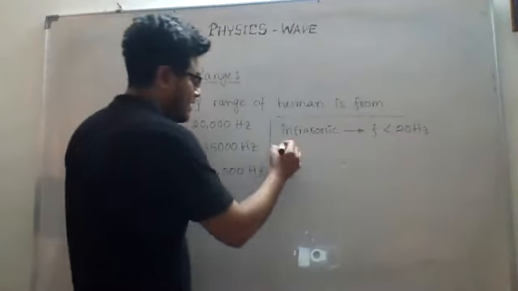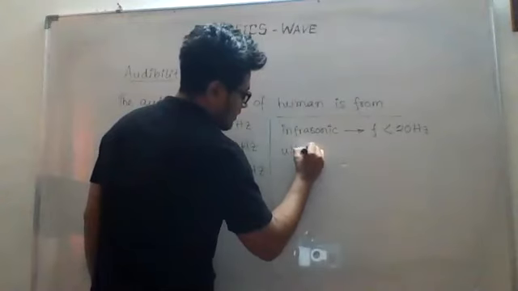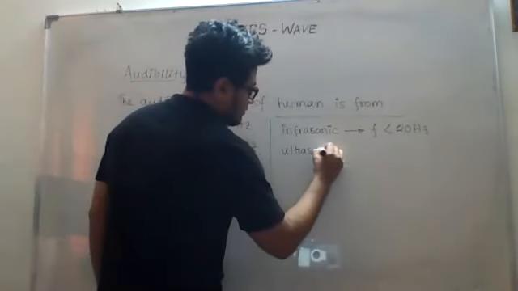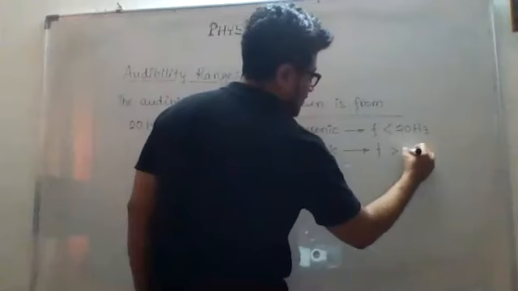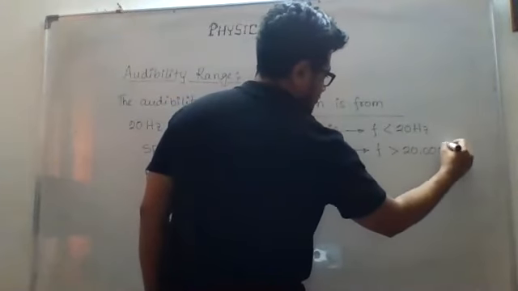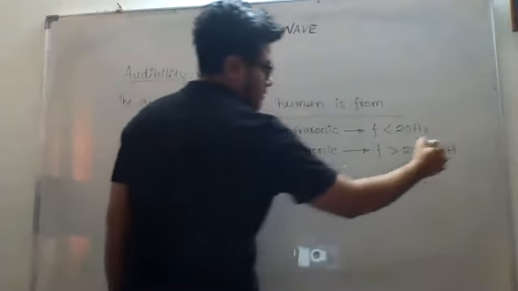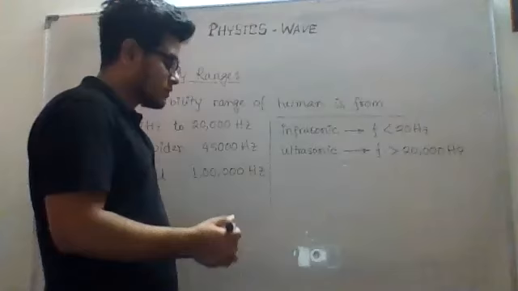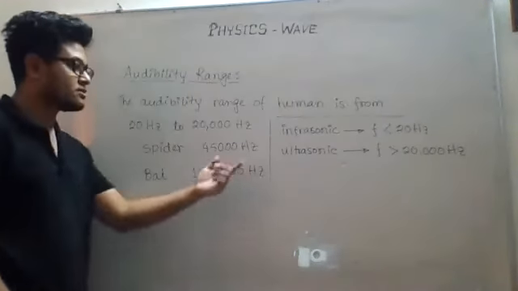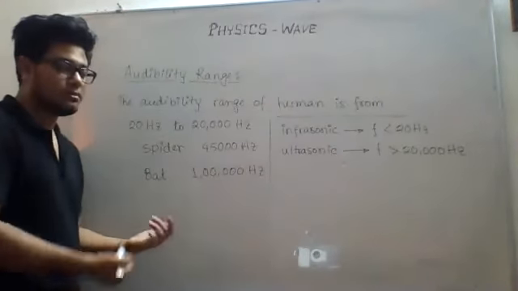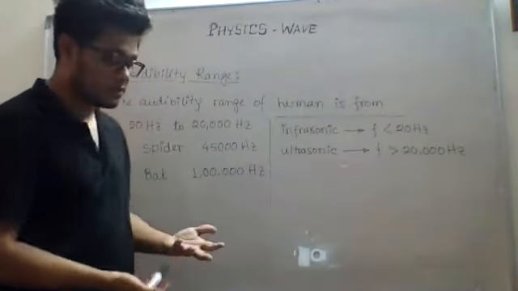And there is ultrasonic sound. Ultrasonic sound has a frequency greater than 20,000 hertz. Now bat and spider are able to hear this ultrasonic sound to a certain limit, but we are not able to hear the ultrasonic sound.